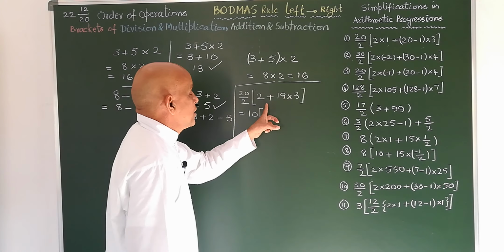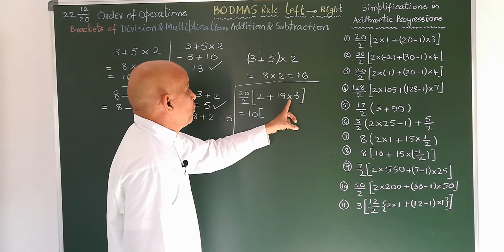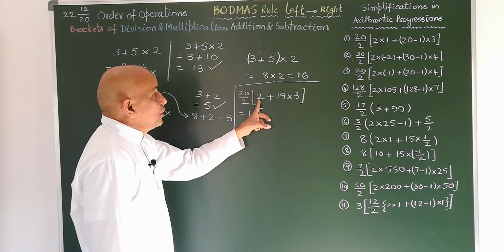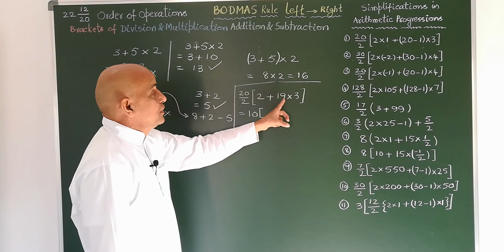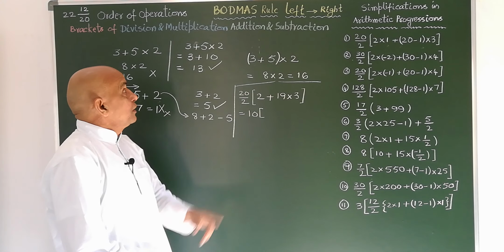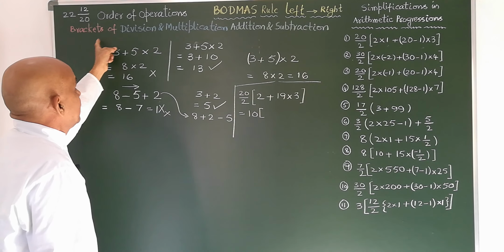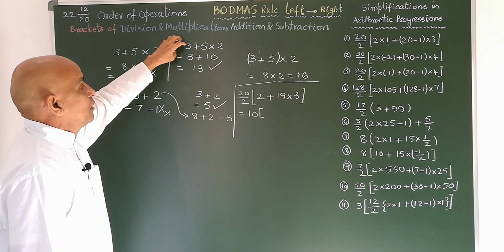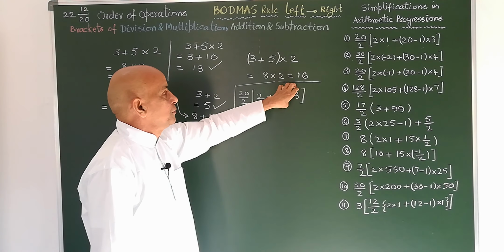Then here addition and multiplication both have come. So if you add 2 and 19 and write this as 21 and multiply with 3, that is wrong. You have to follow this order: brackets, of, division and multiplication. Whenever division and multiplication comes, that is to be solved first.